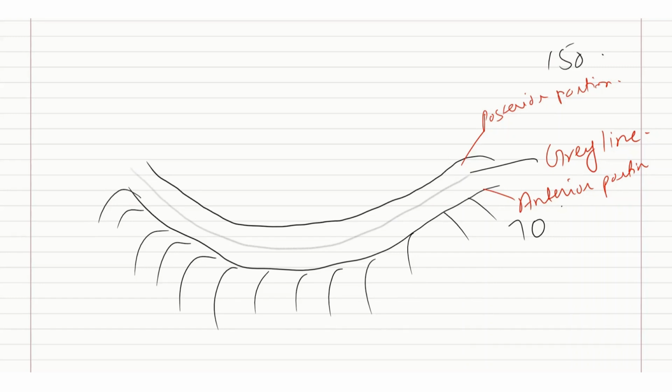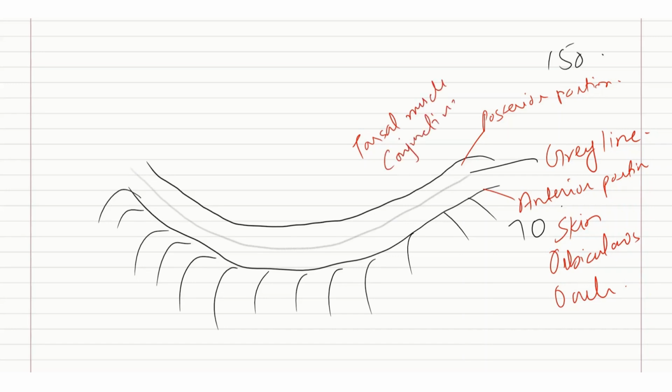The anterior portion consists of skin and orbicularis oculi muscle, and the posterior portion consists of tarsal muscle and conjunctiva, palpebral conjunctiva actually.